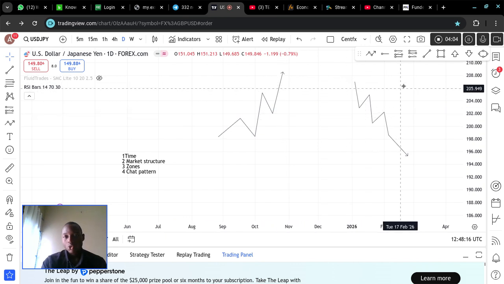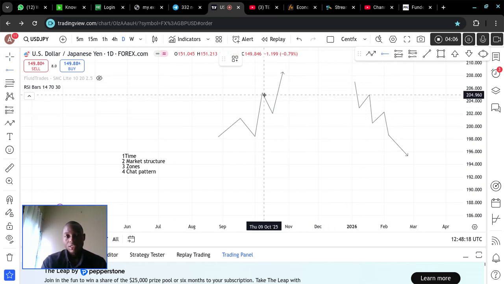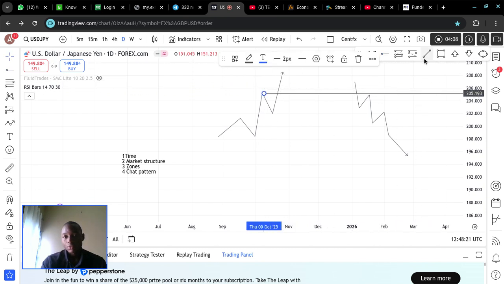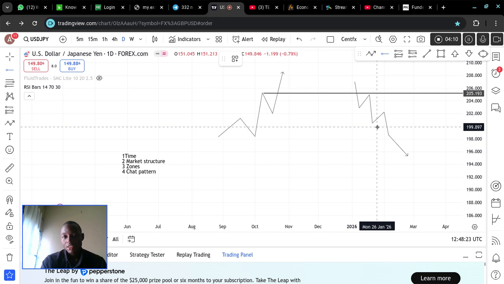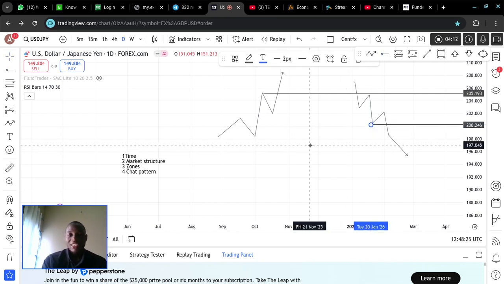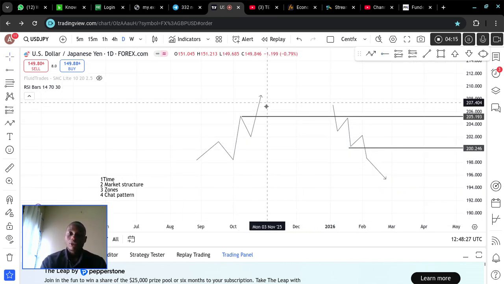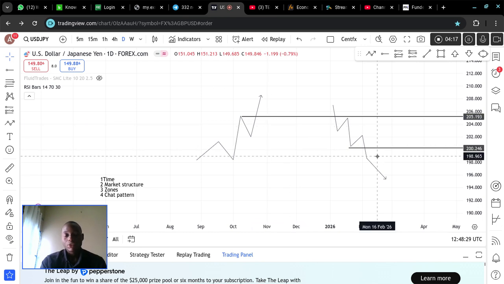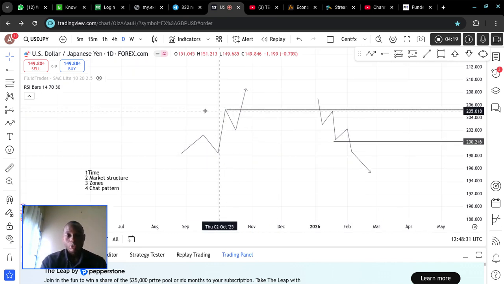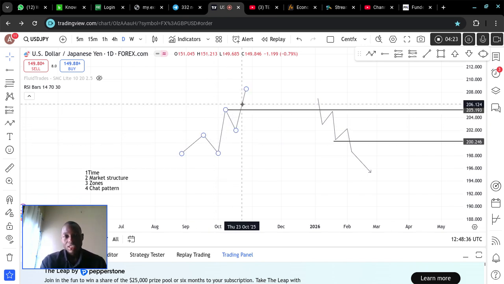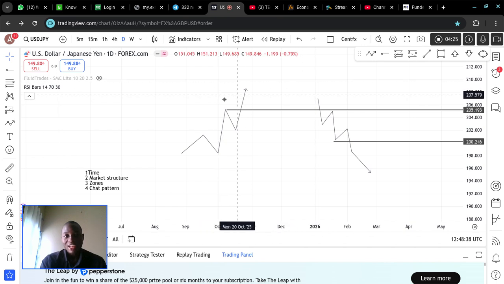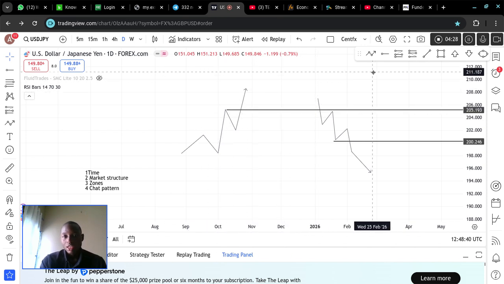Now, these are your zones. The rules of the market say buy from support and then sell from resistance. So where is your support within this place? This was a resistance, but when the market breaks it, normally this zone has turned to support.